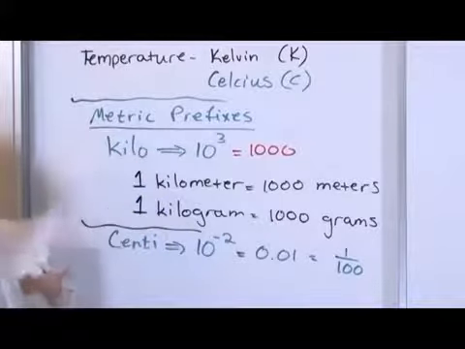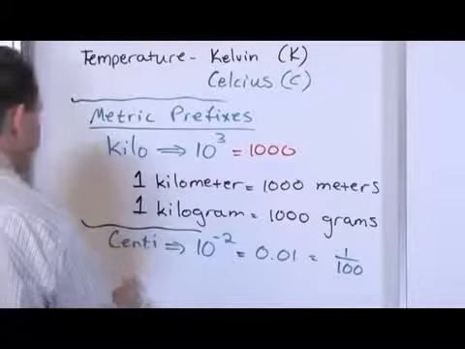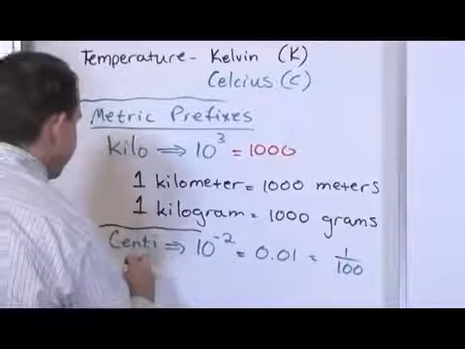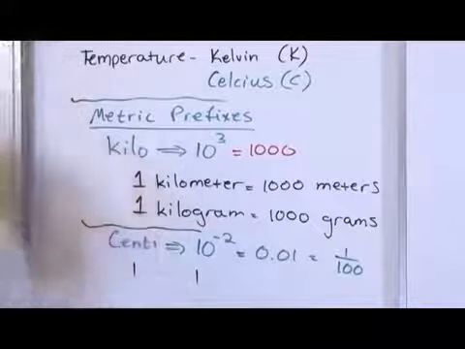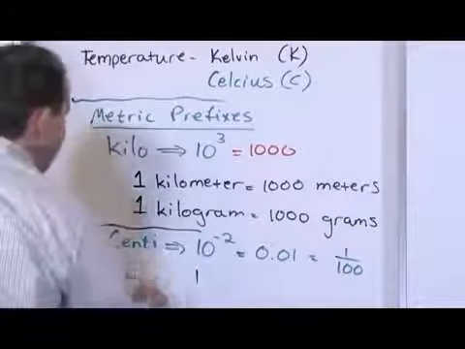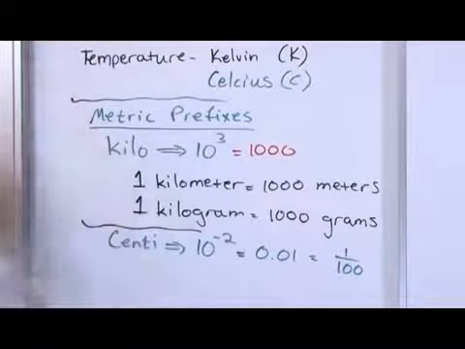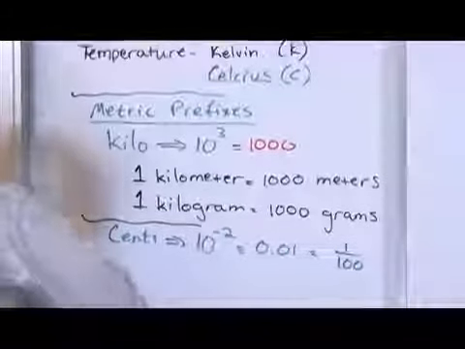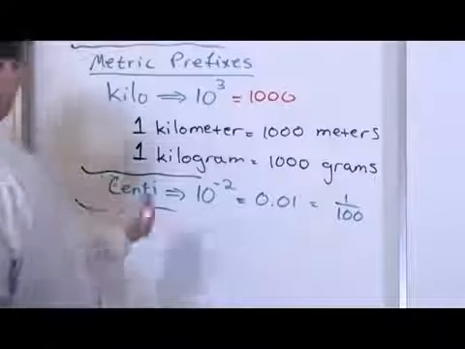All right, so just to give you an example, if I were going to measure something like this big here, it would make a whole lot more sense for me to talk about centimeters than for me to talk about kilometers, because that's a smaller unit there. So it's 1/100th here.